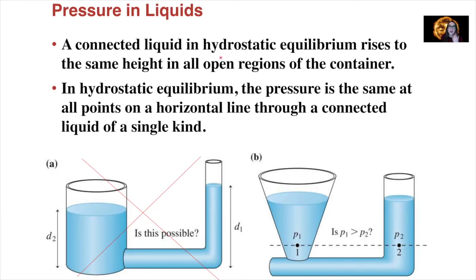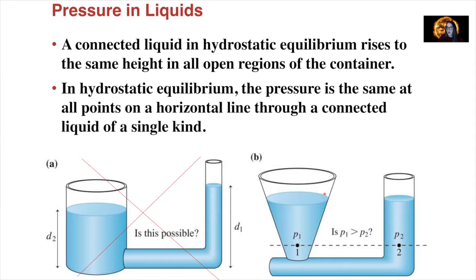This is another important point that we're going to use in another problem in a minute: a connected liquid in hydrostatic equilibrium rises to the same height in all open regions of the container. So if you have one container of a constant density, no matter what the shape of the container, the fluid on either side of the container should rise to the same height. Here, let's say this is water inside this unusual container.